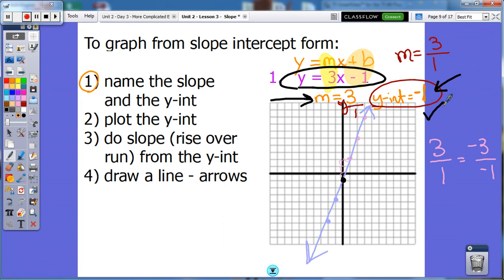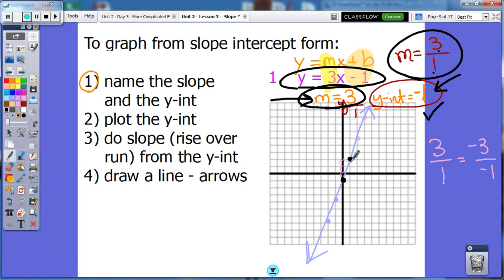So I graphed my -1, and then from there I'm going to do whatever the slope is. So if my slope was 3, I changed it into a fraction, 3/1. So I'm going to go up 3 and over 1. Once you do that several times, connect those dots and you've got your line.